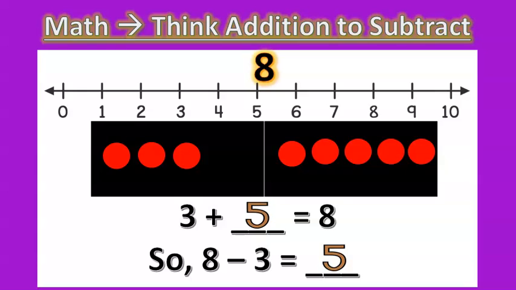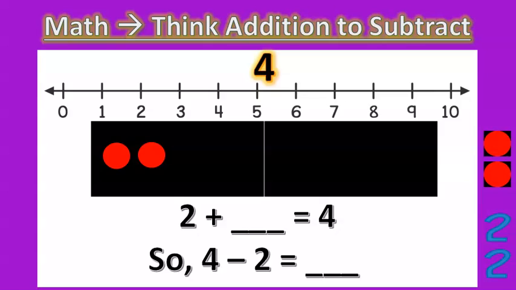Now, boys and girls, get a paper and pencil. Once you get your paper and pencil, I want you to copy down what you see on your screen. Copy down this 4. And then I want you to draw this number line.